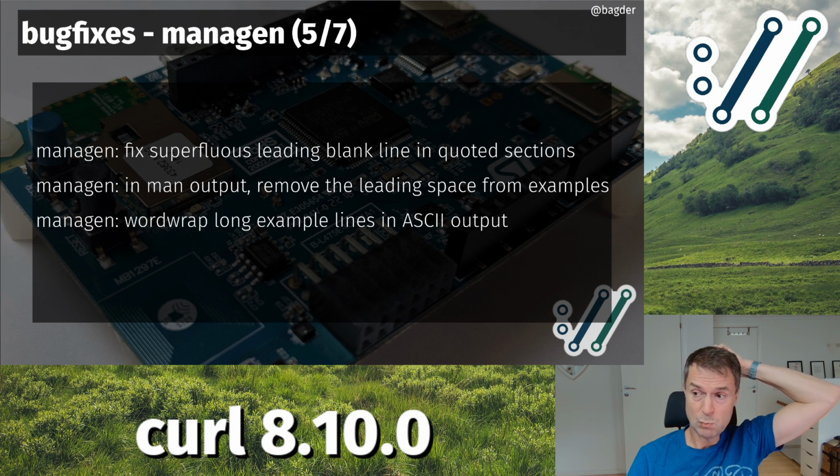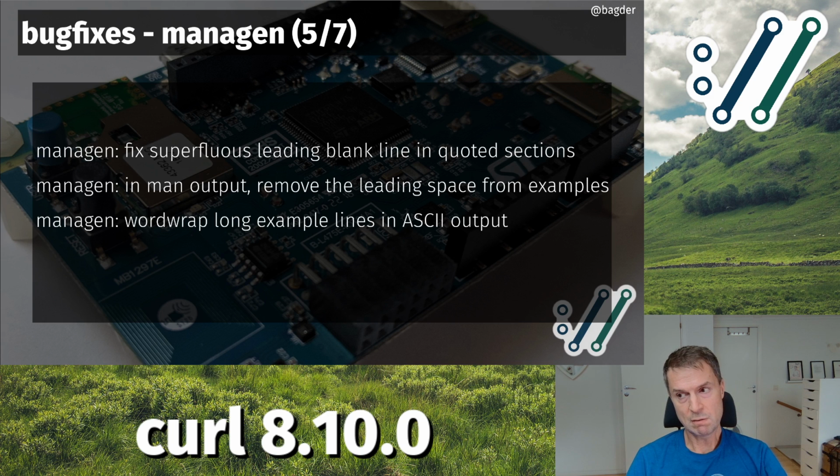And when I did this new help option, right, that I mentioned, curl --help and a command line option, so that it displays the help in your terminal, then I realized that some of our example lines in the text version of the man page could end up very long and wrap around when you have a narrow terminal, or even in some cases when you don't have a narrow terminal.